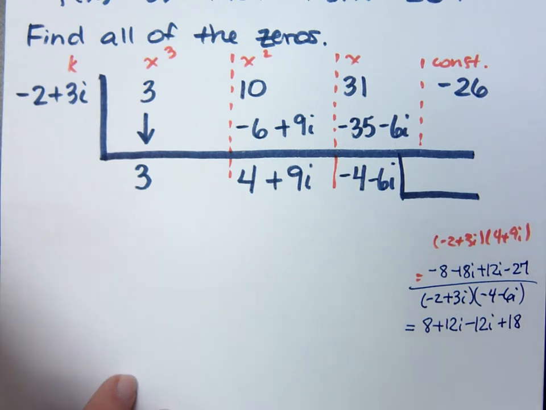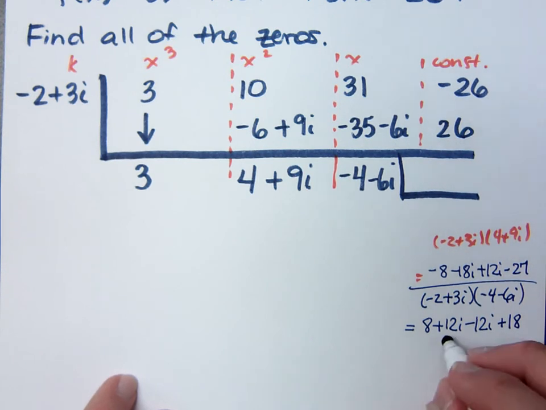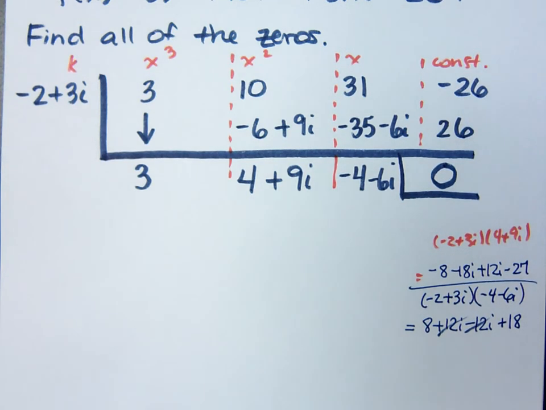So what is all of that? 26? And the i's cancel, right? So what's my remainder? 0. What was it supposed to be? 0. I told you it was 0, right?